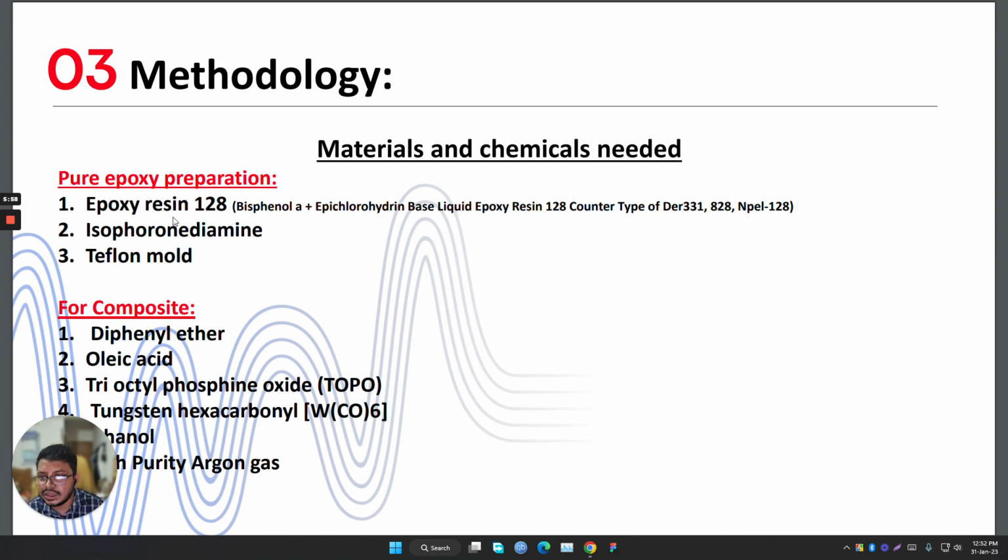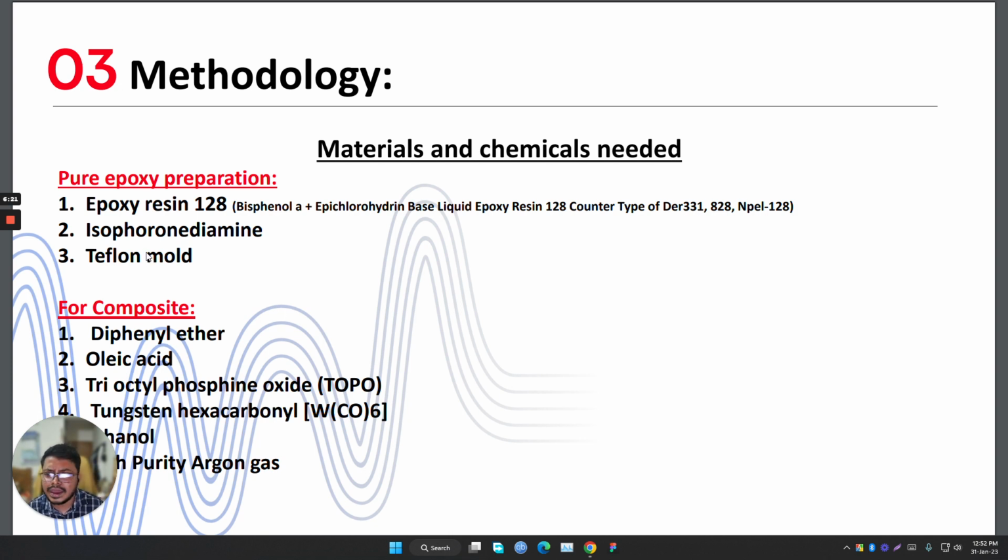One is epoxy resin 128, which is bisphenol A epichlorohydrin based liquid epoxy resin 128, counter type of DER 331, 821 and NPEL 128. Our second chemical is isophorone and third is Teflon mold.